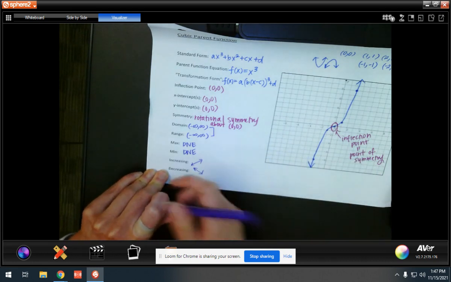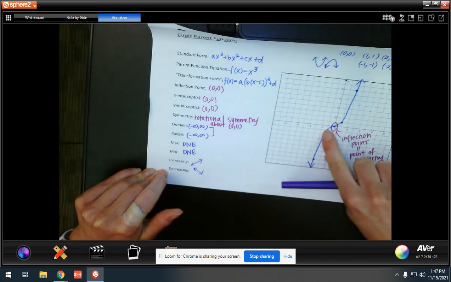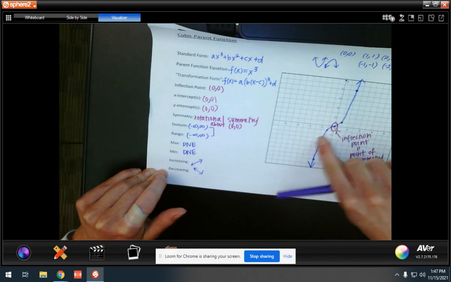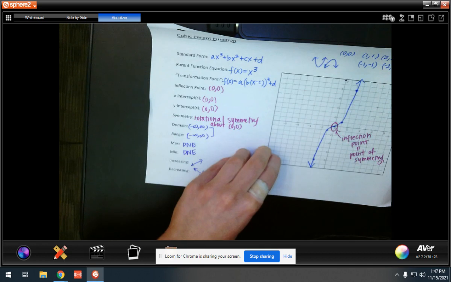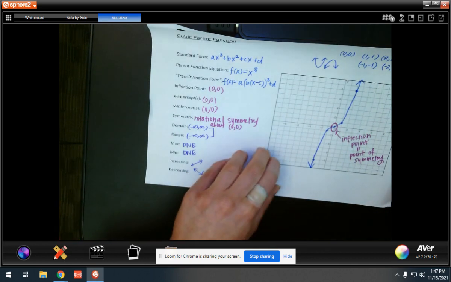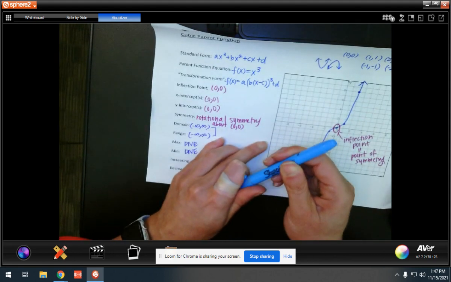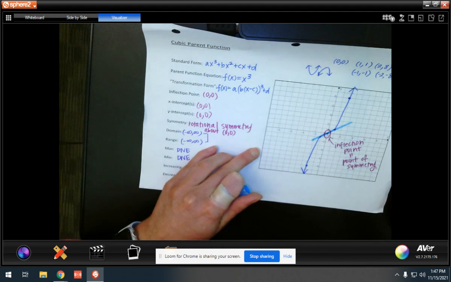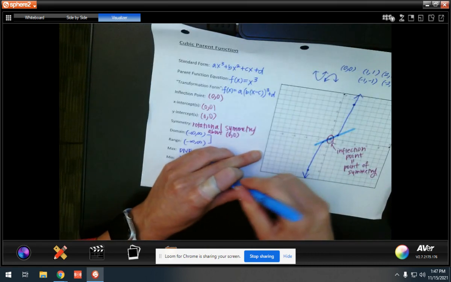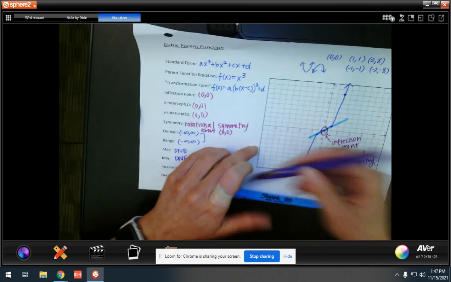And so look at these 3 points. They're always going to be collinear with the inflection point. And so if you were to draw a line between the 3 points, it would be a positive slope. And so this is an increasing function.